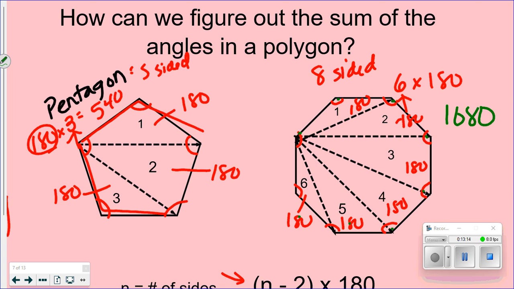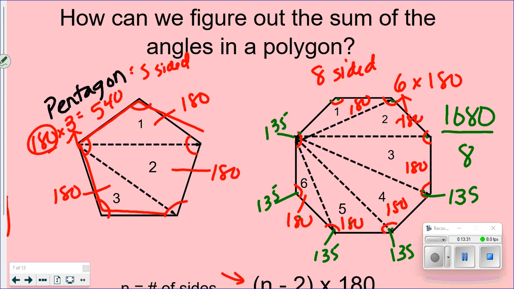If I want to know what each one is by itself, I'm going to take that and divide by 8. And I get each one of these is 135. But if I take 135 times 8, I'm going to get back to my whole sum. So being able to do those two things is a really important thing for today.